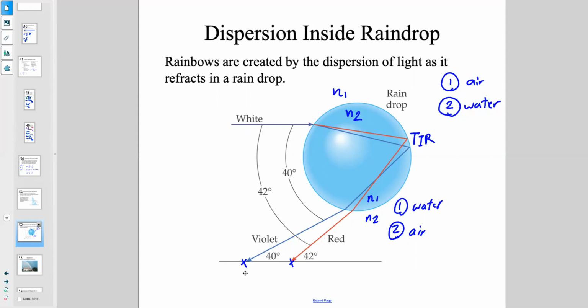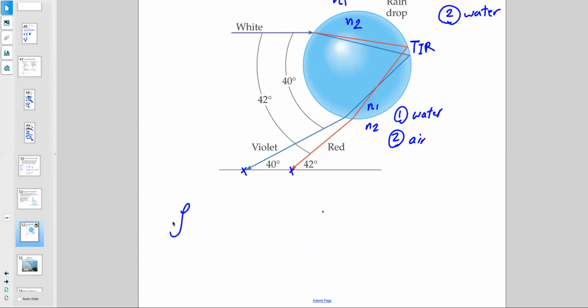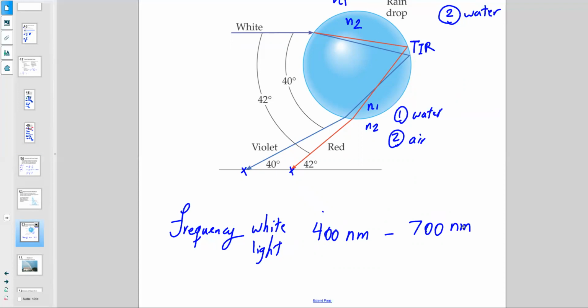Because the frequency of the white light is from, for example, 400 nanometers to 700 nanometers in wavelength. So they are different. Let me actually clear and write not the frequency, the wavelength of white light.